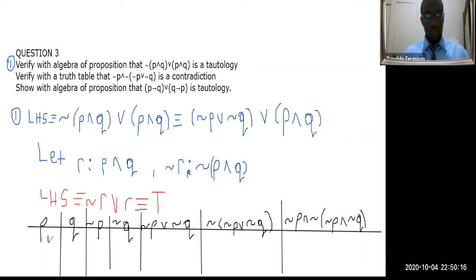P is going to be true, true, false, false. And Q is going to be true, false, true, false. And so not P is going to be false, false, true, true. And not Q is going to be false, true, false, true.